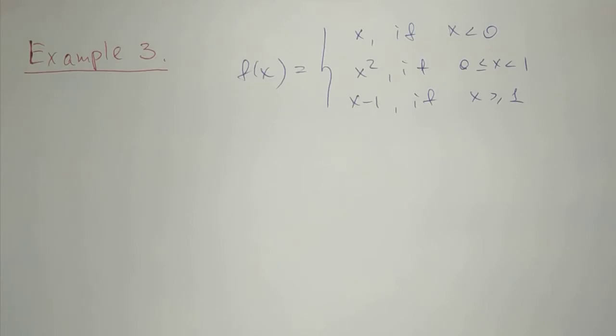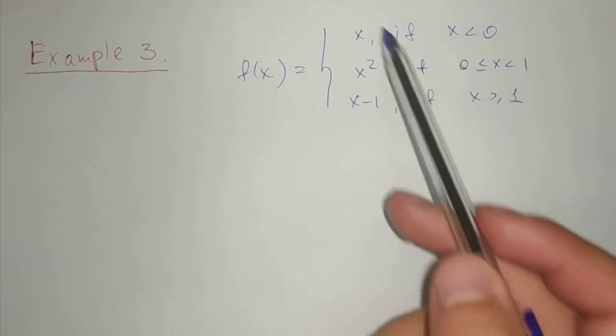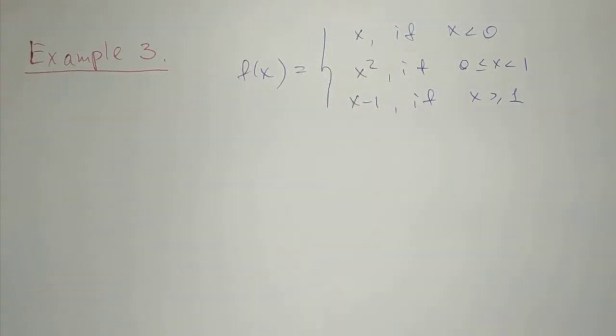So here, since the functions x, x squared, and x minus 1 are continuous functions, they are continuous at all points. In this case, discontinuity of f(x) could arise at the linking points of this function.